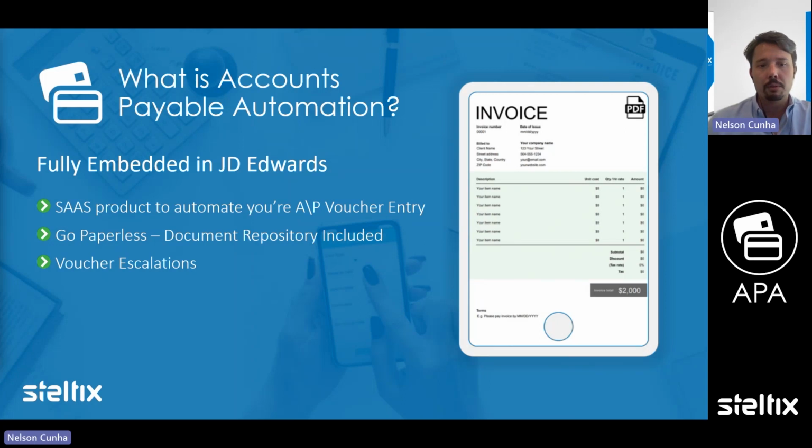We offer voucher escalations. Whenever there's an issue with the invoice, regardless of whether the goods were not received, or the PO is non-existent, or we don't even know who the supplier is, we now have a feature, escalations, that avoids you having to reach out to other areas or colleagues with a typical email or a phone call.